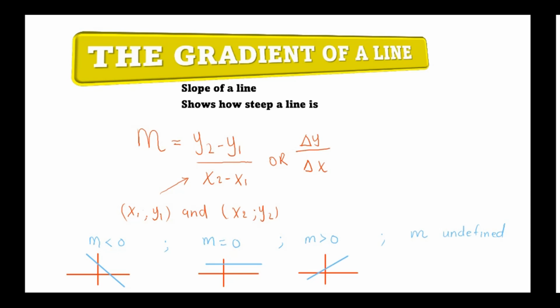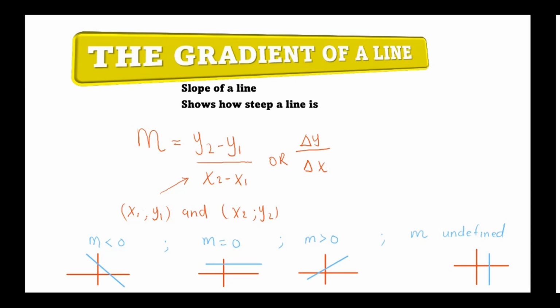And what would happen if your gradient is undefined? Your line would look like that. So these are the different scenarios of gradients you can get of a line.